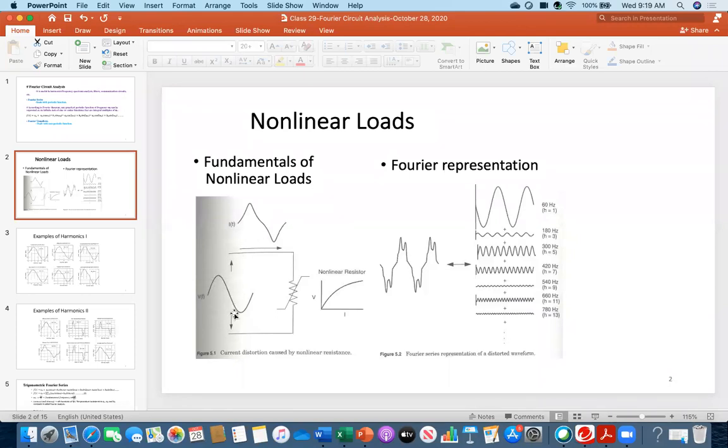This is purely sinusoidal, but this is not. Now, if you analyze with the help of Fourier, then you might get not only the 60 hertz signal, but higher order signals, or even DC. Therefore, in this case, the Fourier transform technique is applicable.